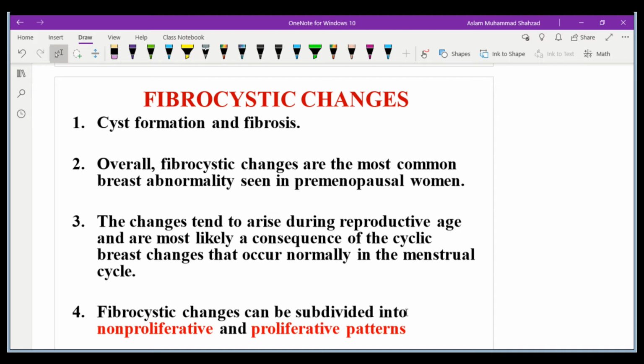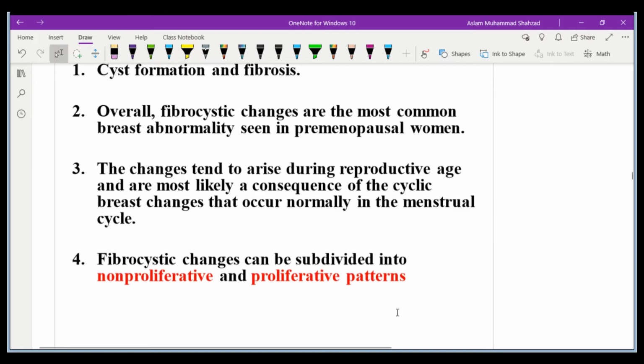It is also explained in terms of cyclic breast changes, and it could be subdivided into non-proliferative and proliferative patterns. So it could be proliferative in nature or non-proliferative in nature as well.